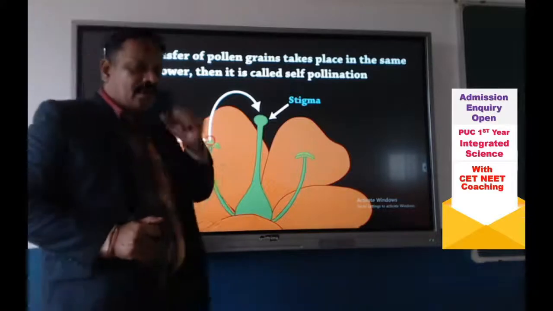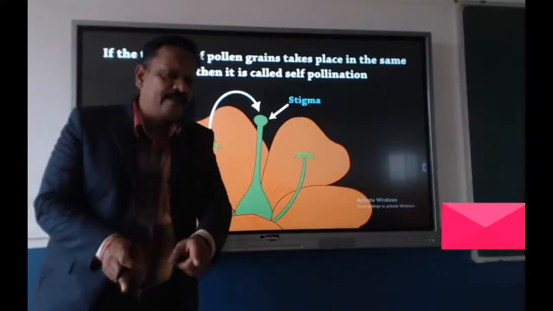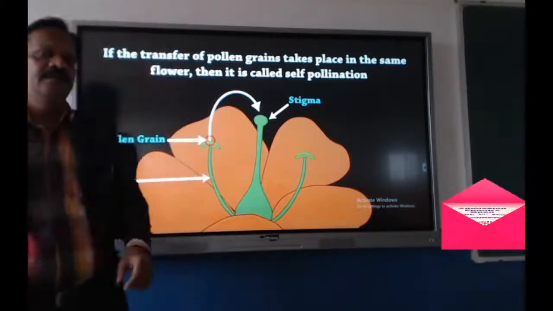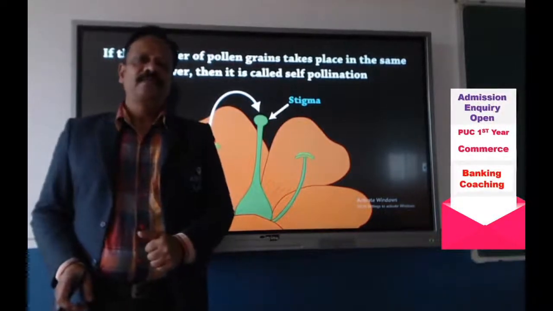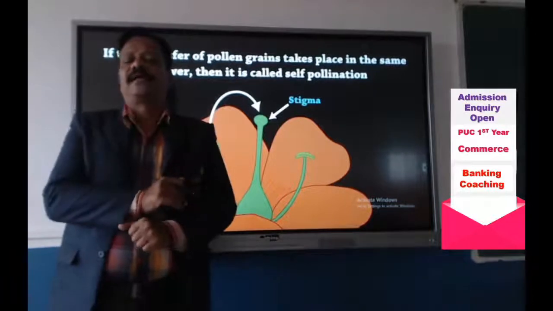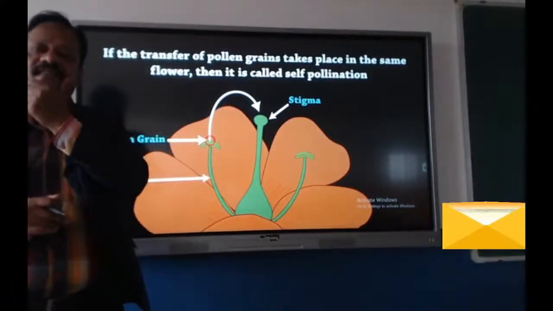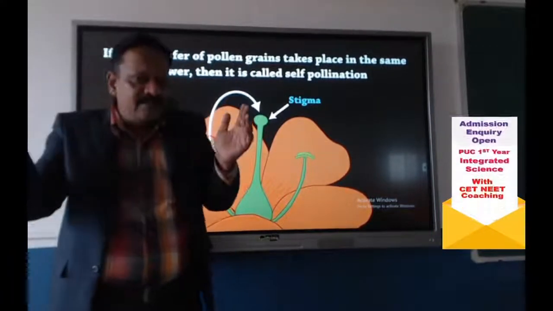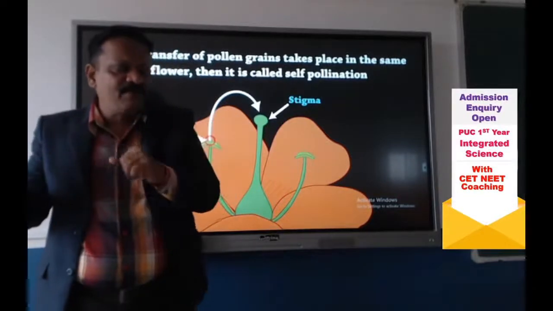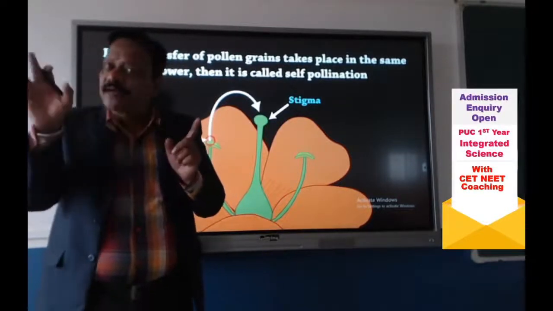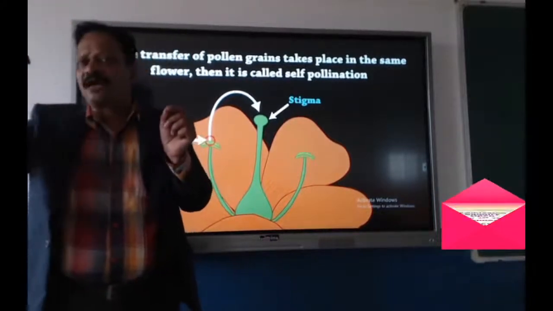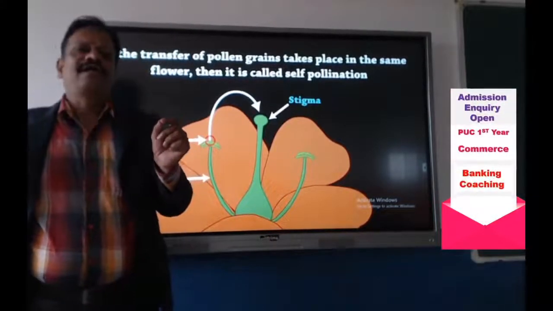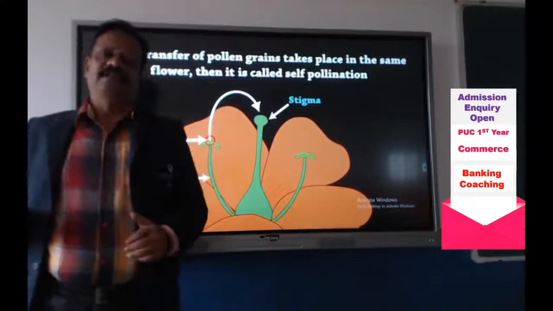If the pollination is taking place in the same flower, then we call it self-pollination. If there are two different plants with the same type of flowers, and the pollen grains travel from one plant to another plant, then we call it cross-pollination.